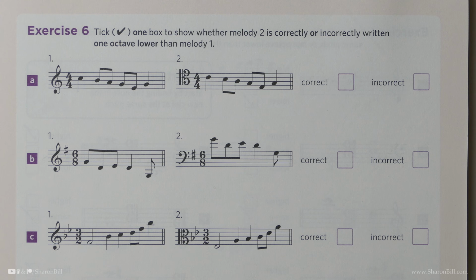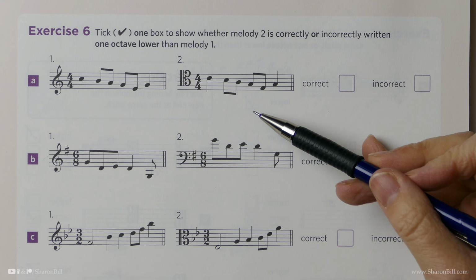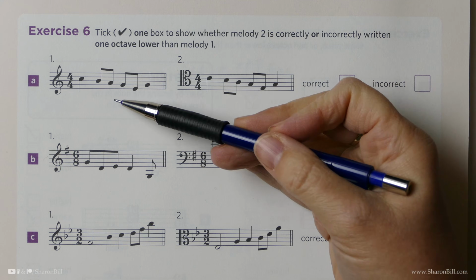Continuing on to exercise 6 of page 14 of the grade 5 Discovering Music Theory workbook, we're continuing to look at the relationship between all of the different clefs and looking at the related pitch. On exercise 6 we have a similar exercise to the previous exercise where we tick to show if the melody that follows the second melody is an octave lower than the first melody.